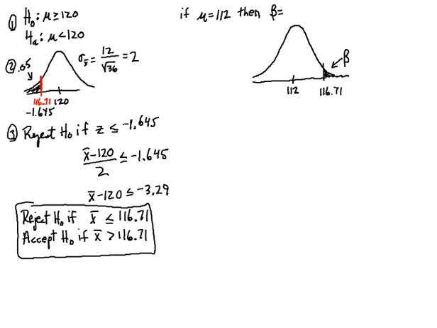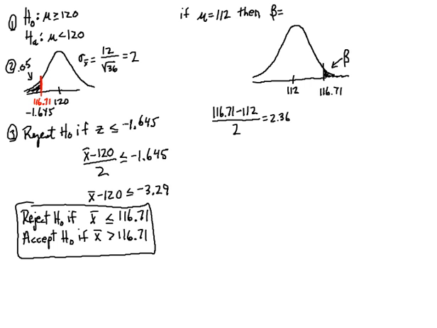So we'll go out here to the left a little bit. 116.71 minus 112, divided by the standard error, and I get a z-score of 2.36.